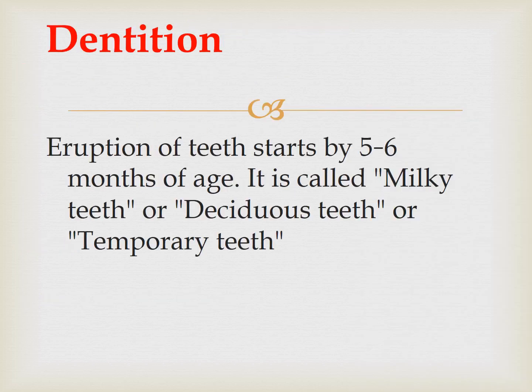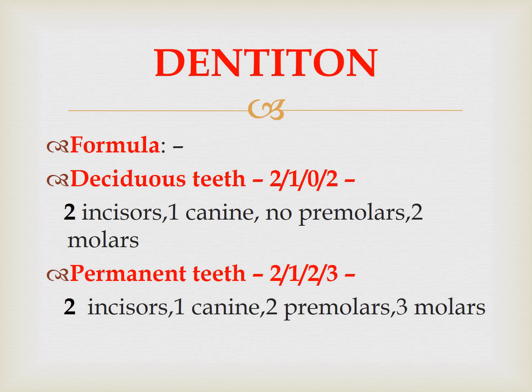Then dentition, or the dental eruption, also gives you a hint regarding growth. Eruption of teeth starts by 5 to 6 months of age, and the first teeth that come are known as milk teeth, deciduous teeth, or temporary teeth. The formula for deciduous teeth is 2102.